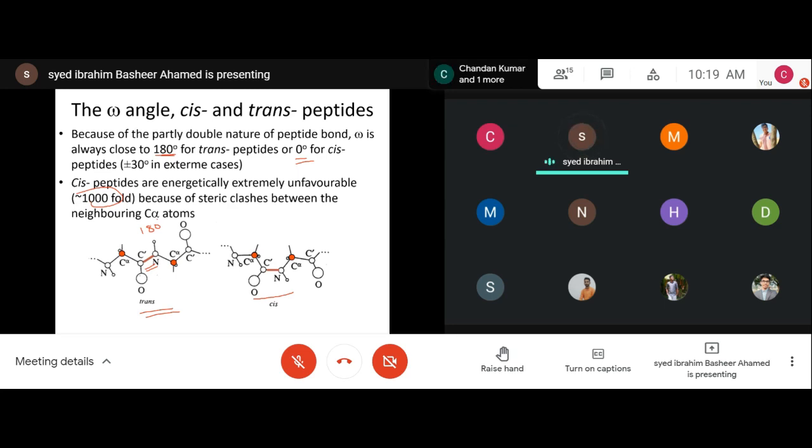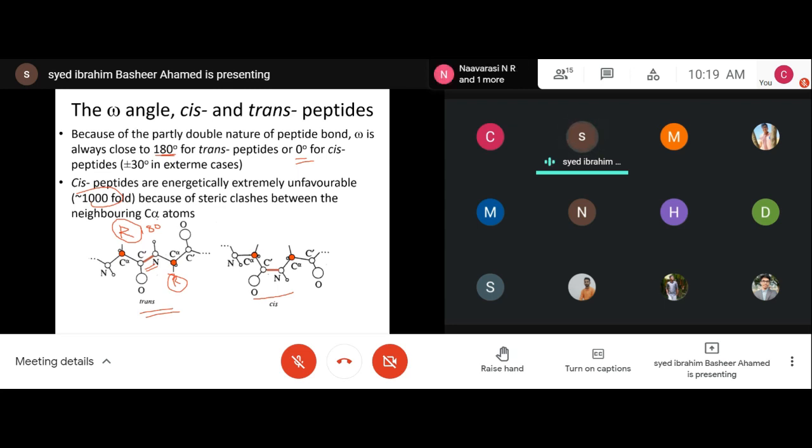Why? You can see here, this is the C alpha atom. You will have an R group somewhere here, right? You have the R group somewhere here for this C alpha atom. So this is the trans configuration. The R groups here and here are happy, because they are far away from each other.